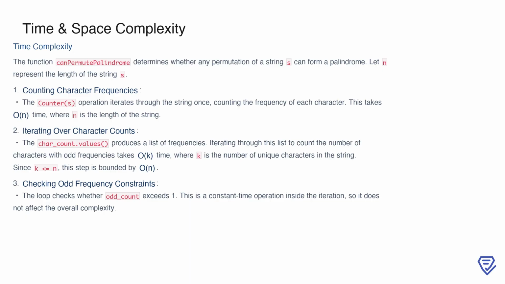The number of unique characters, denoted by k, determines the size of this iteration. Since k is always less than or equal to n, this step is also bounded by O(n). Lastly, during the iteration, we perform a simple check to see if the odd_count exceeds 1. This is a constant time operation performed within each loop iteration, so it doesn't add to the overall complexity.